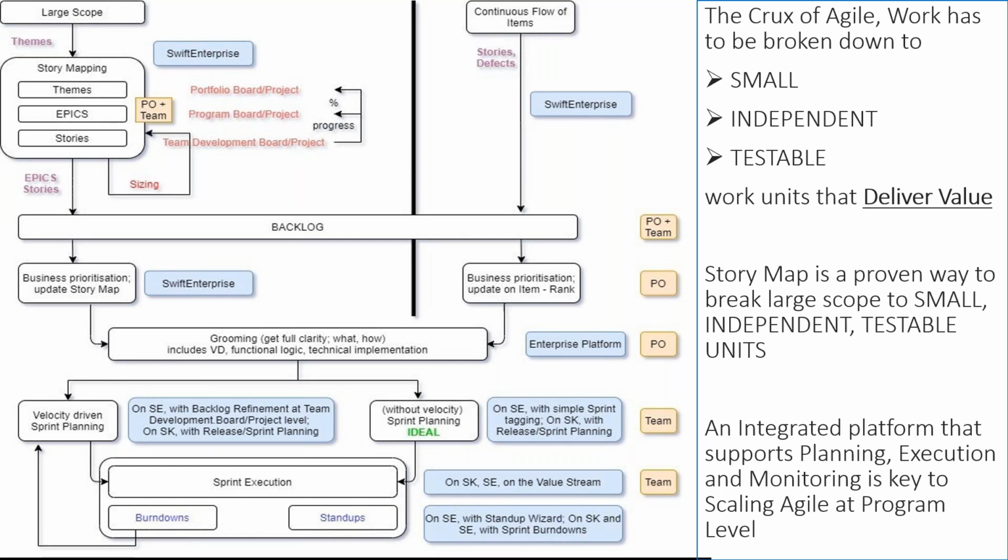If this kind of a structure is in place at a program level, then it becomes very easy to scale your agile practices at a program level and deliver value to your customers.